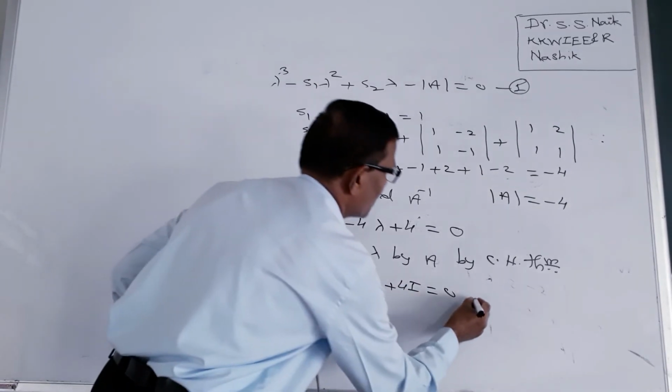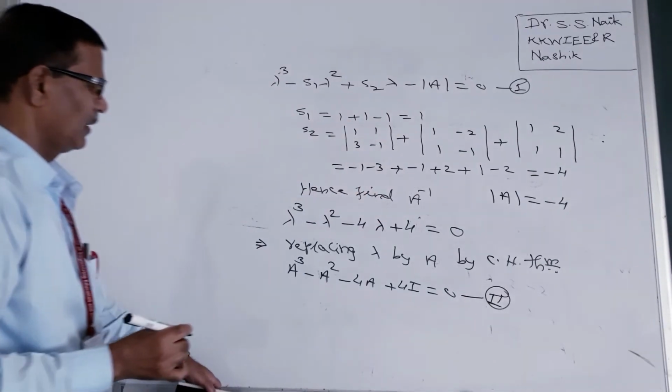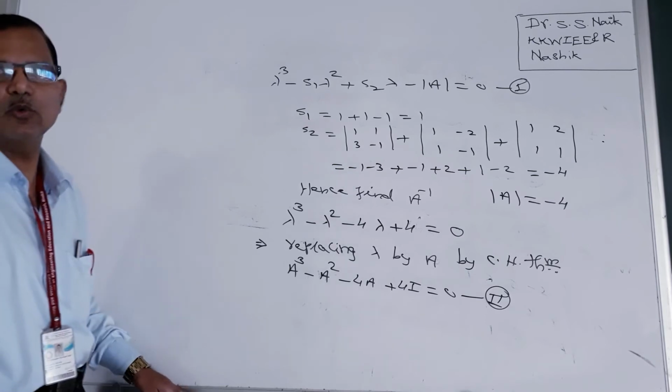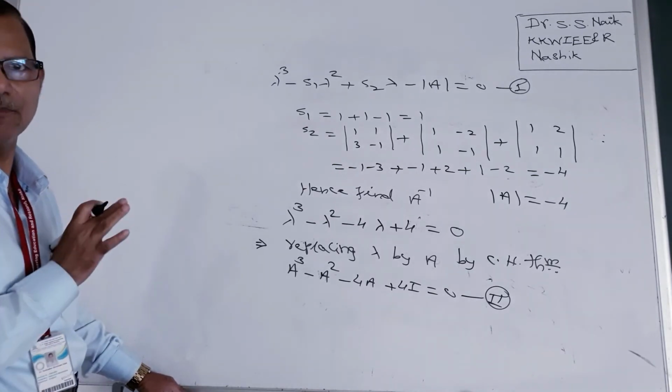Now this is equation number 2, obtained by using the Cayley-Hamilton theorem. Then we want to find A inverse from this.